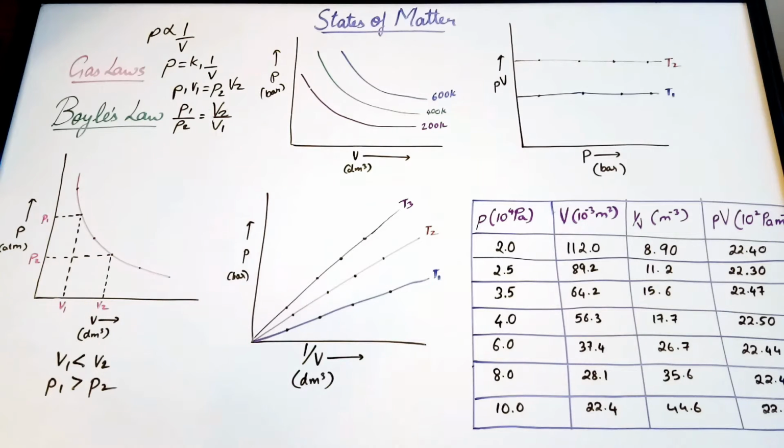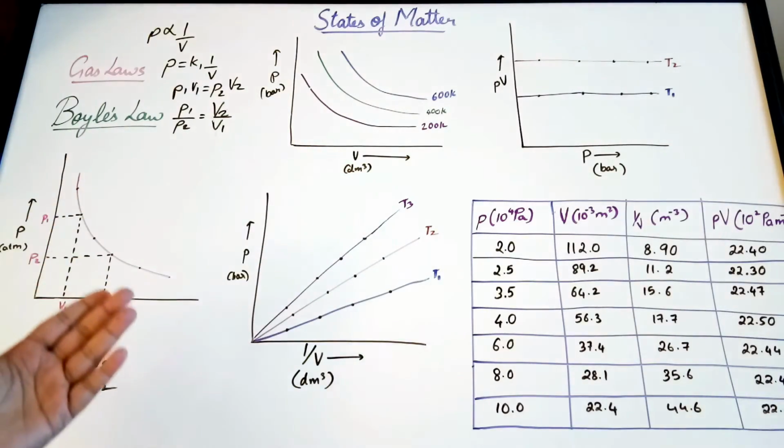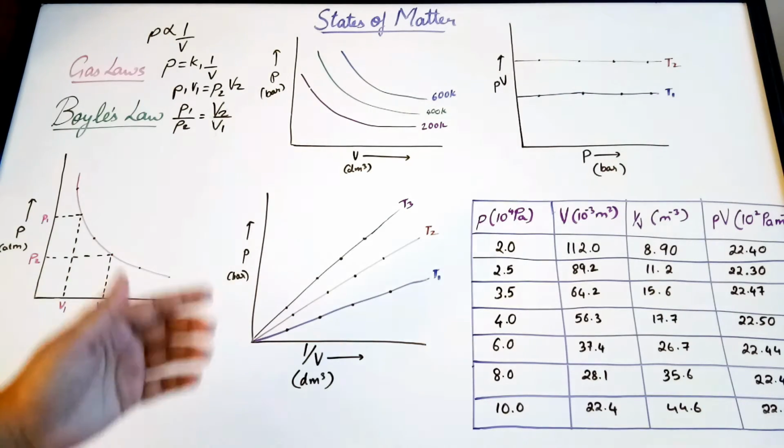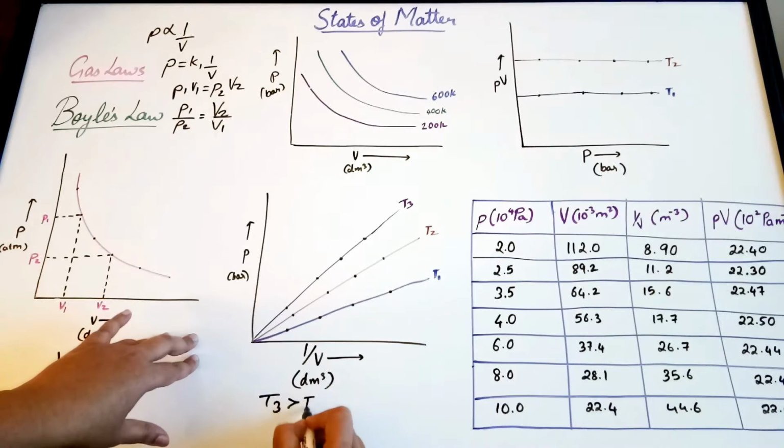That is the first point. Obviously, the temperature is constant for a particular line, so in each case you're going to have a fixed amount of gas. And not only that, in this case also, T3 will be greater than T2, which is greater than T1.